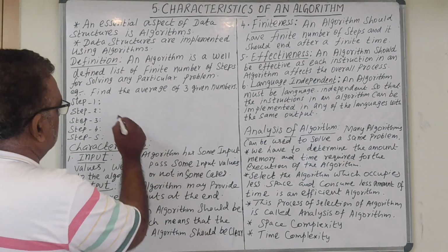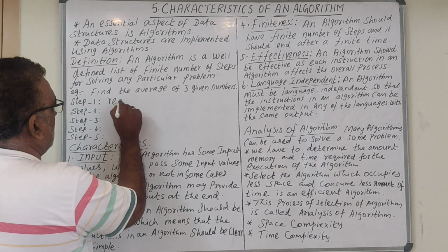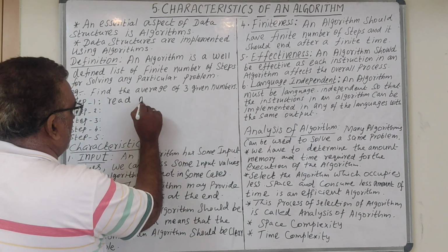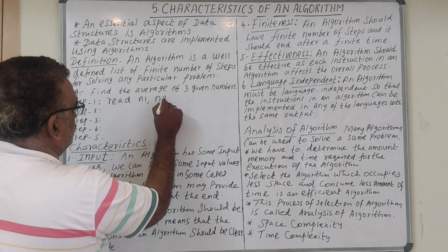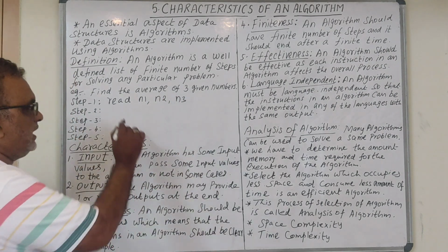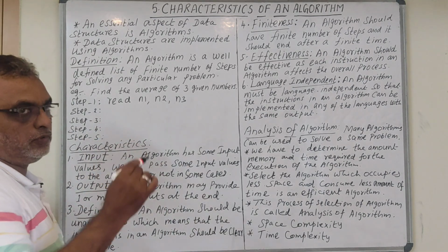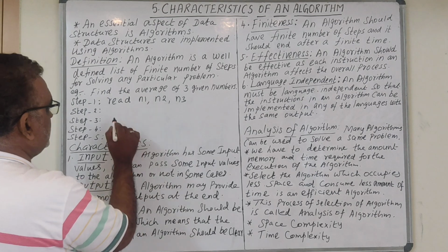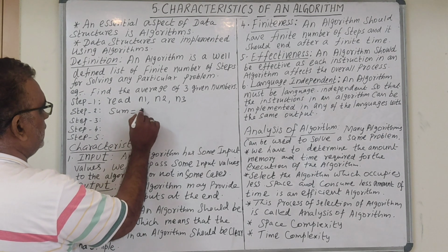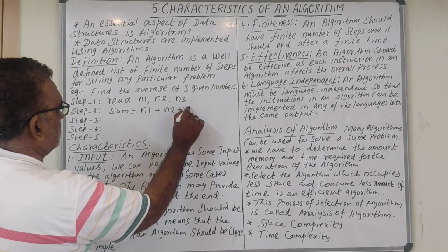So first of all, we need to read the values of these numbers, number 1, number 2, number 3. These are the inputs. Now we are going to find out the sum of these values. So sum is equal to n1 plus n2 plus n3.